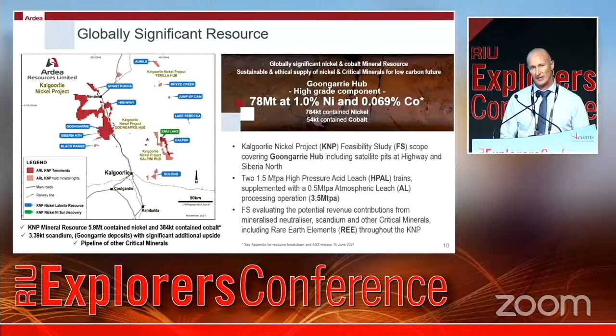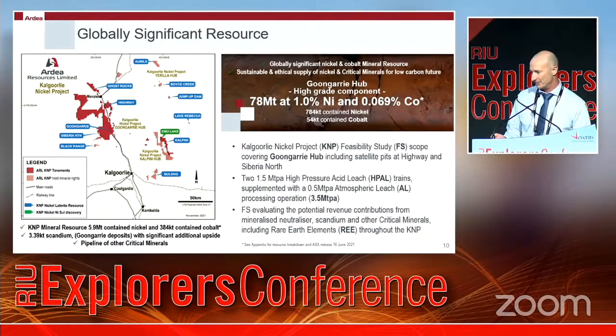That'll be the feeder as part of our DFS, and we'll be updating our reserves in the second half of this year, and I look forward to that. But that resource gives you a feel for our expectation of the feed grades. And importantly, we've increased the project scale from 2.25 to 3.5 million tonnes per annum, and that's in response to feedback from the strategic partner process. They want as much nickel and cobalt supply as possible.